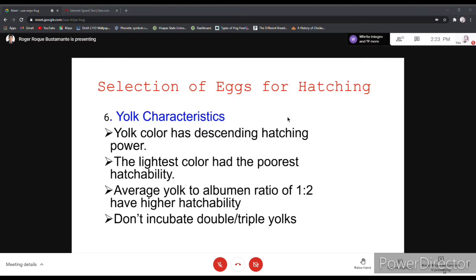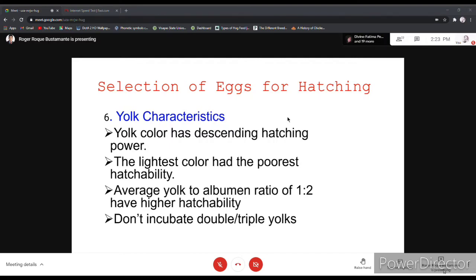And besides those reasons, double or triple yolks are sharing one shell, and once they start developing, it becomes crowded, and they are never fully developed.